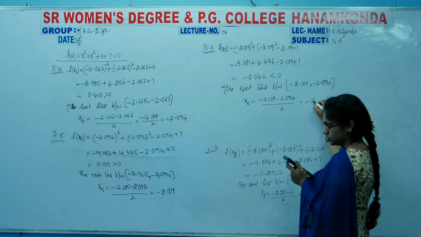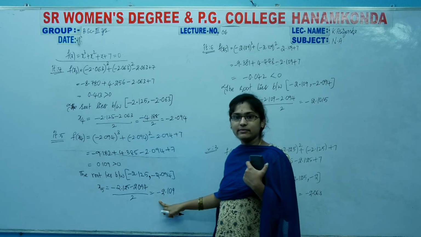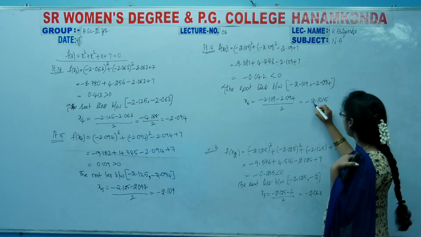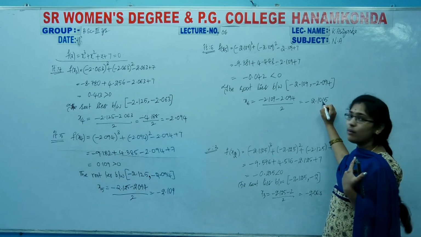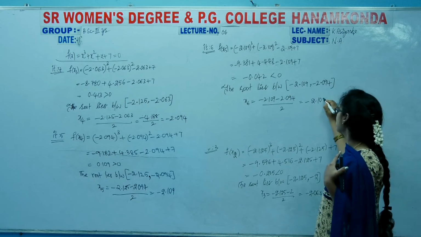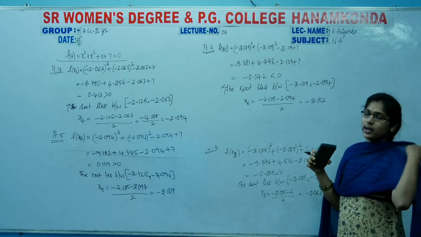So it is minus 2.1015. If you observe this one, here I have minus 2.109 and here I have minus 2.10, up to 2.10 is the same. Next I have 15, and of course 15 means up to 3 decimals 2. So 2.102 I have and there we have 2.109.